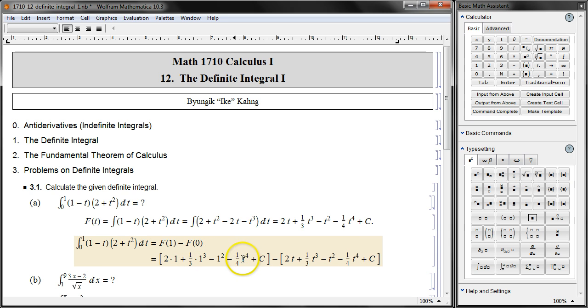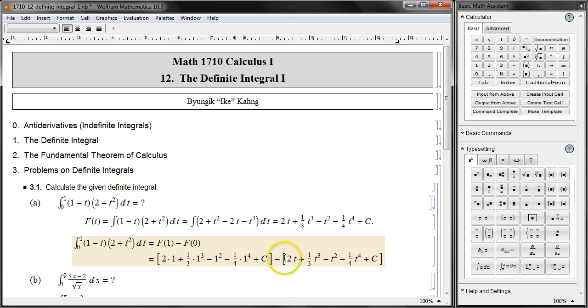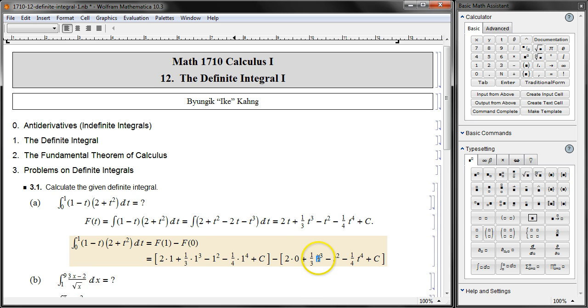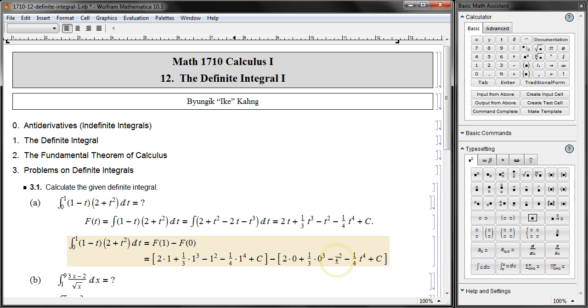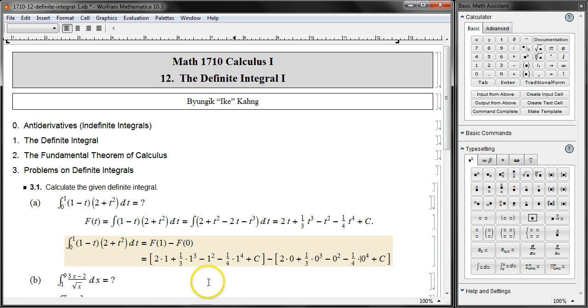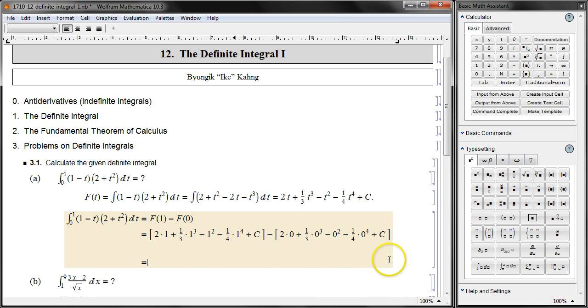And then t equals 0 this time. Okay, that looks good. So let's finish this computation.